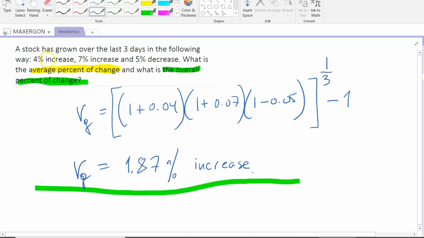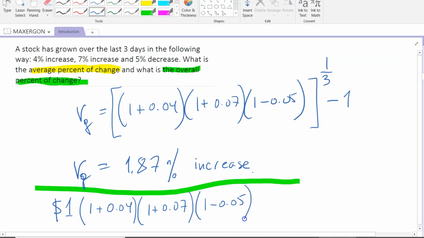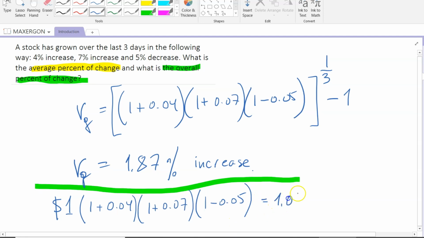We don't know the initial value here, but we can investigate what happens for each $1 of the initial value. So each dollar has grown at 4% first, then it has grown at 7%, and then it declined by 5%, which will give us 1.05716.